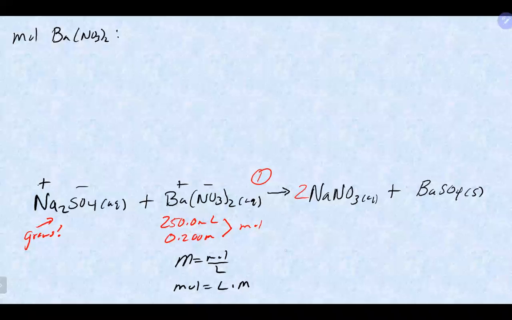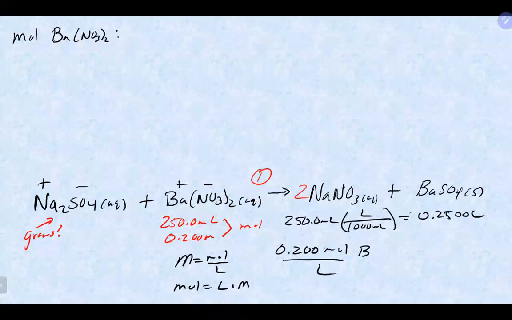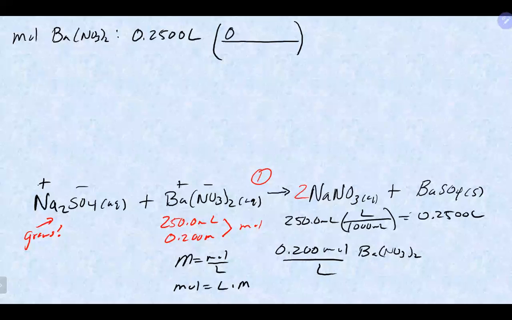Our 250 milliliters, dividing by 1,000 or moving the decimal place, gives us 0.250 liters. And my molarity, I'm going to pull out both units so I can see it. Now I have everything the way I needed for my calculation. So we're going to take the volume, 0.25 liters, times the molarity of our barium nitrate, which is 0.2 moles per liter.